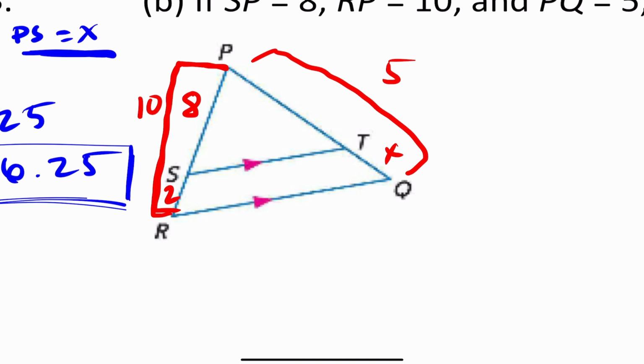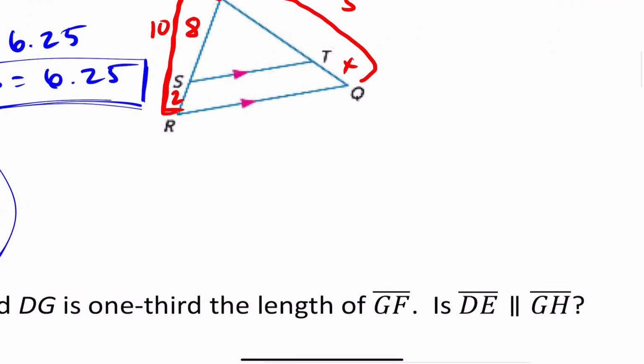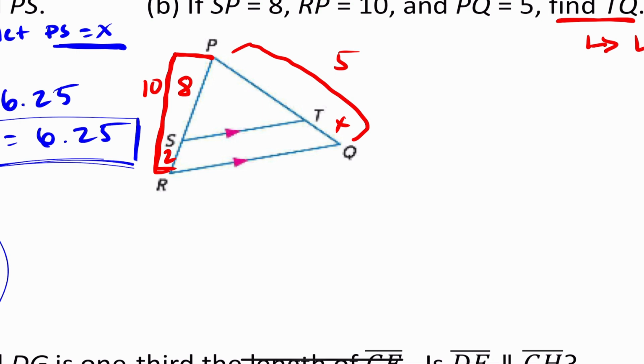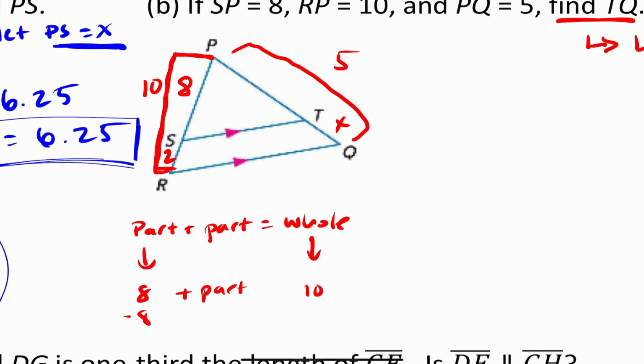So segment addition postulate. If you're having trouble with that, again, it's part plus part equals a whole. Given that one of the parts is 8 and the whole thing is 10, you want to solve for that other part just like you would in algebra. So the part equals 2, okay?